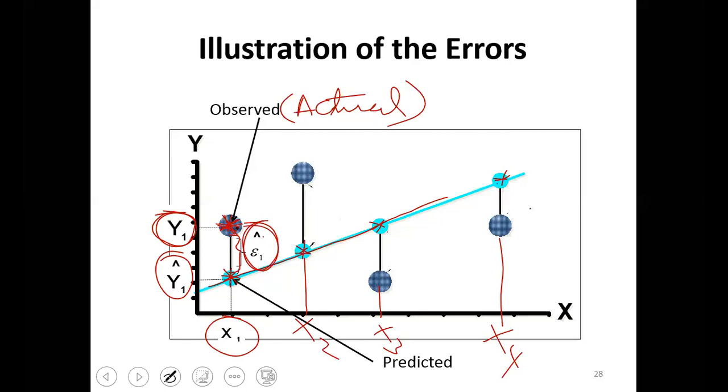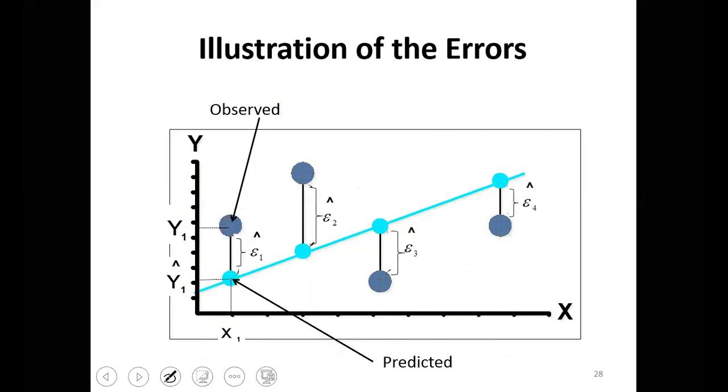So there is an error term for the first data, similarly for the second data, the third data, and so on. Ultimately, in the least square technique, we try to minimize these error terms as much as possible.